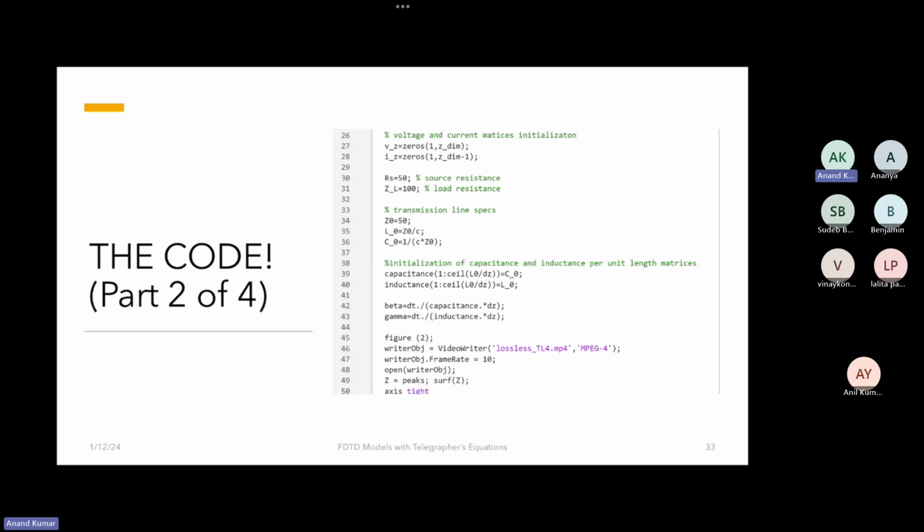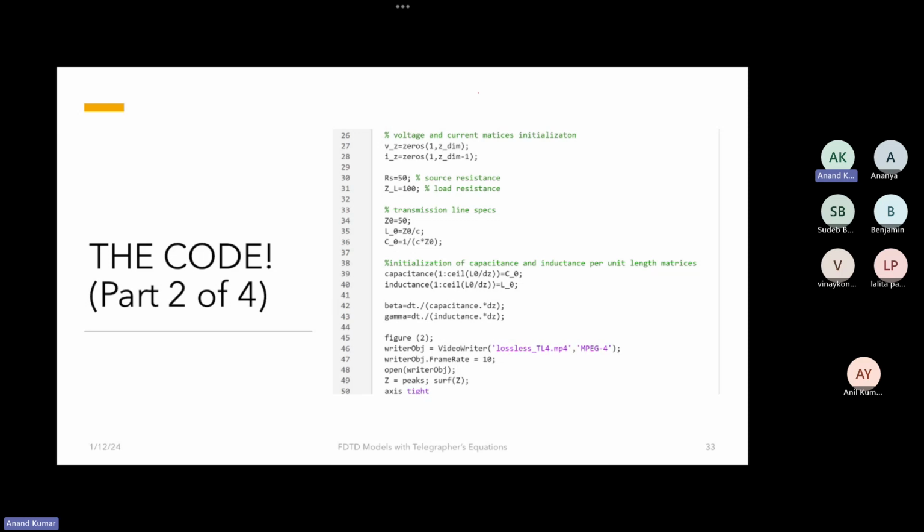We have 3 more slides to go to complete the code, but not a lot of the equations will actually matter for you. Let us quickly do this slide so that in the next slide we'll see the update equations. We have initialized all the variables. The next step is to write down the voltage and current matrices.